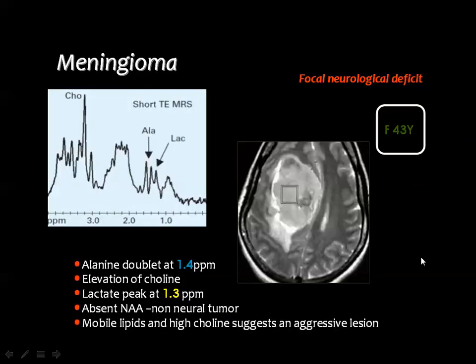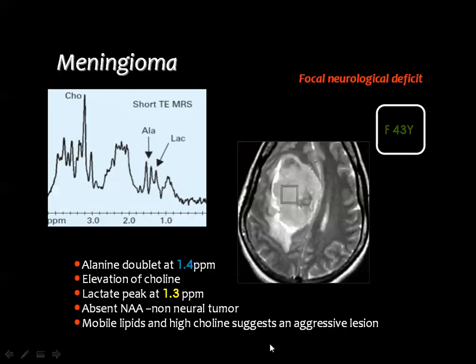And this is another example of a meningioma. And you see the voxel is present in a good part of the tumor, and you see elevation of choline, which is not specific, and you see absence of NAA because this is an extra-neuronal lesion, and you see the doublet peak of alanine with some lactate nearby.